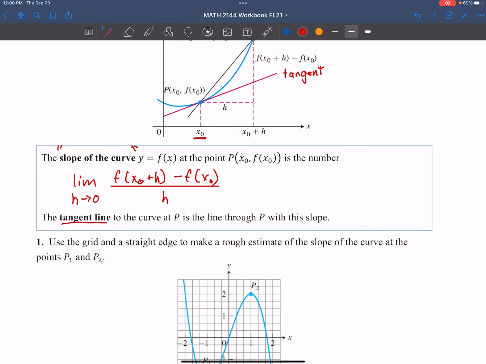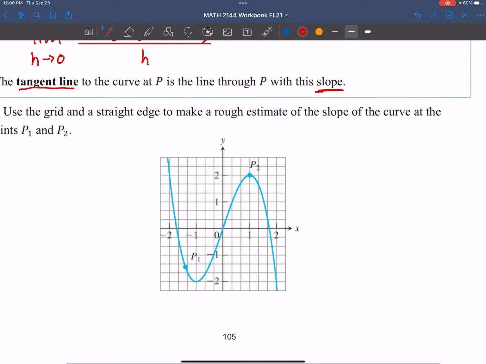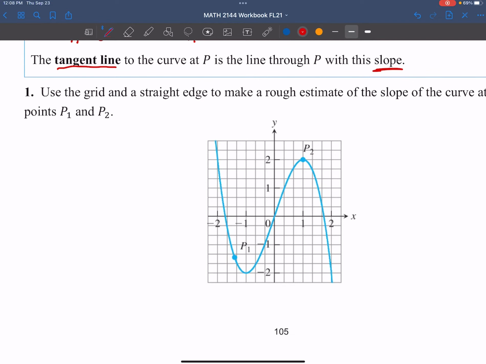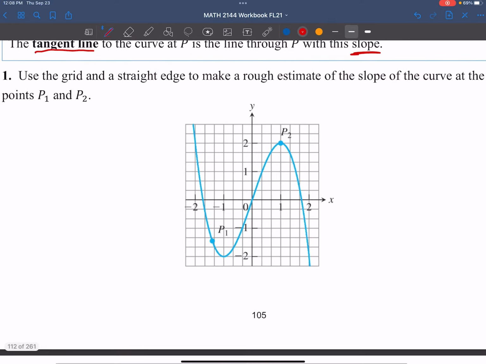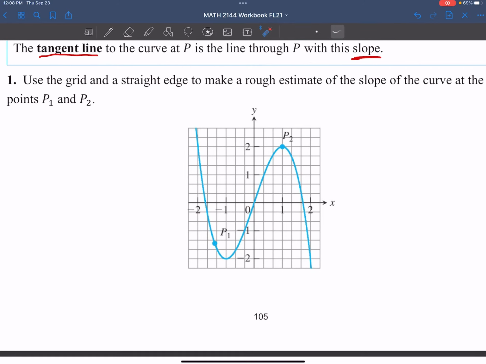The tangent line to this curve at point P is the line through P with this slope. So we maybe encountered an exercise similar to this in the last chapter, chapter 2, which is use a grid and a straight edge to make a rough estimate of the slope at the curve point 1 and point 2.